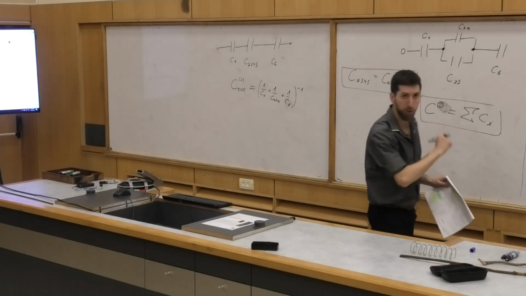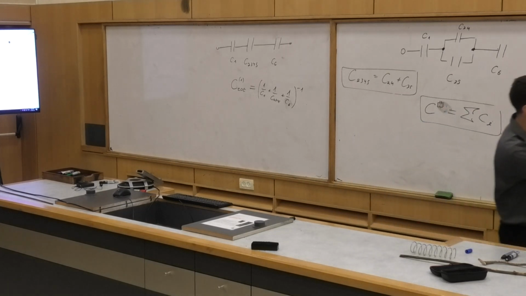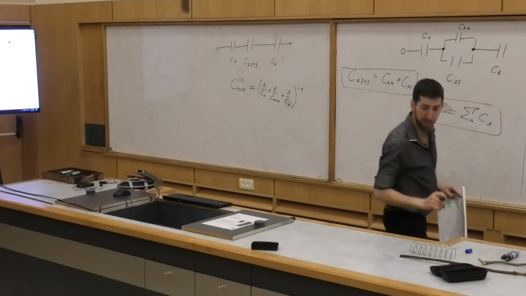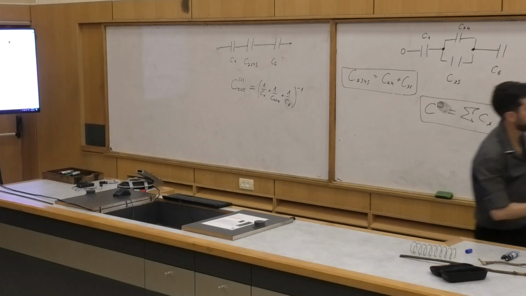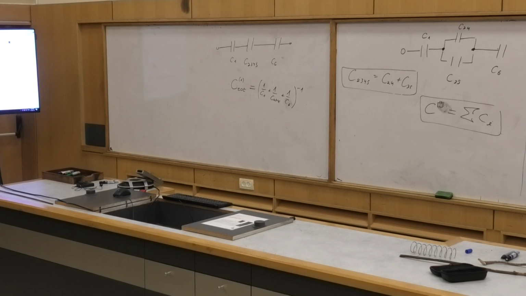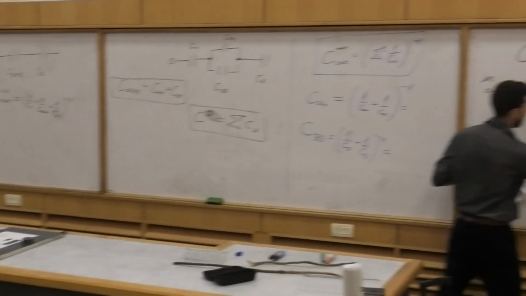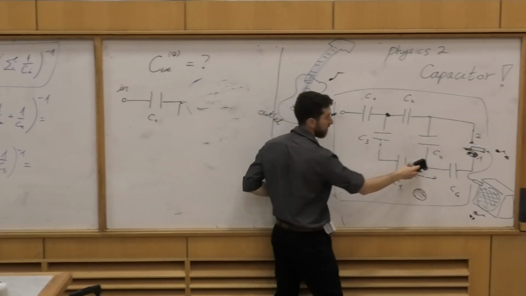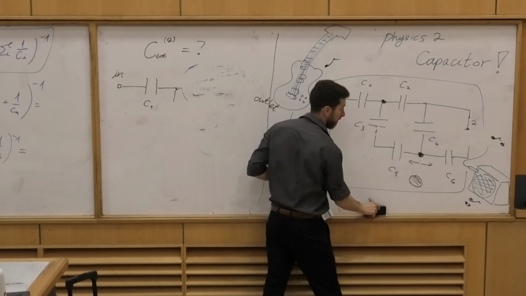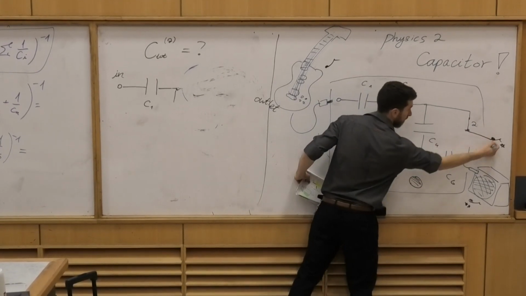So let's do our next question, which is to find C total, but right now not for state 1, but for state 2, okay? So help me to draw the new circuit that we have. If right now we connect not to here, but to here.